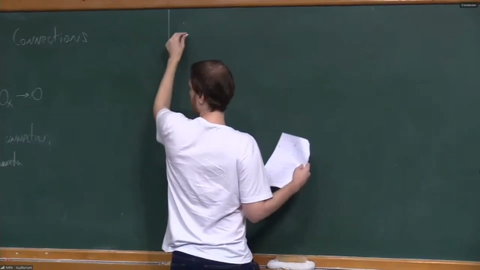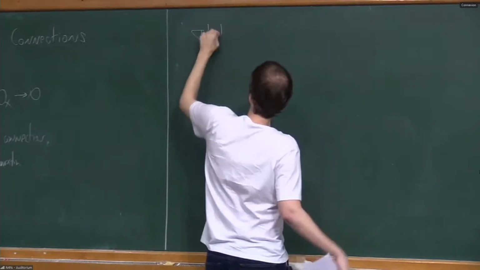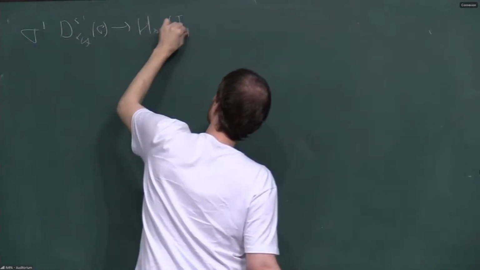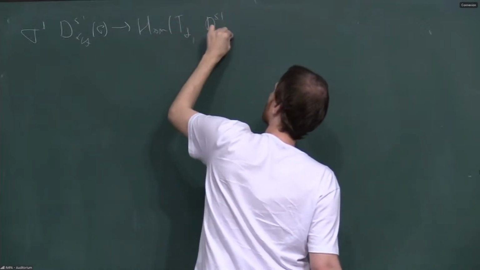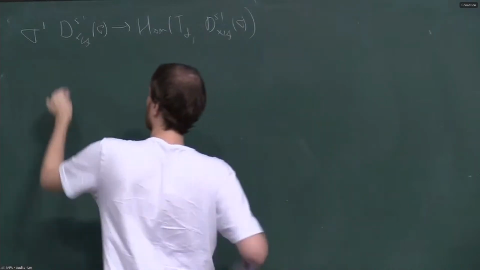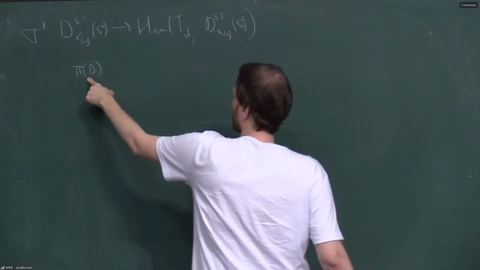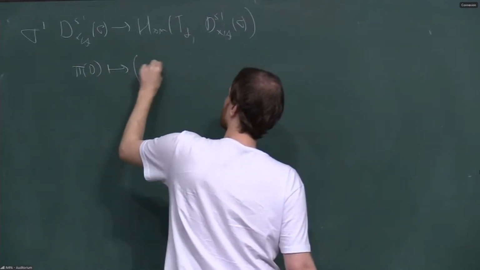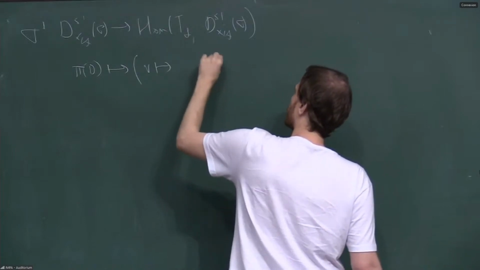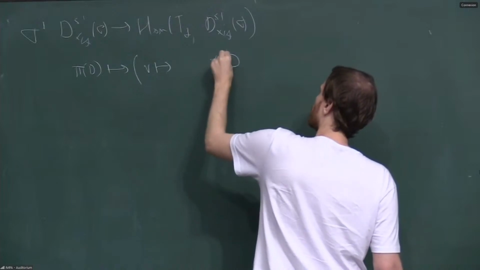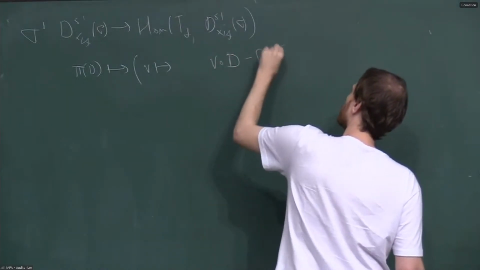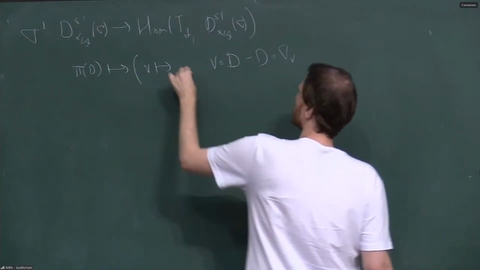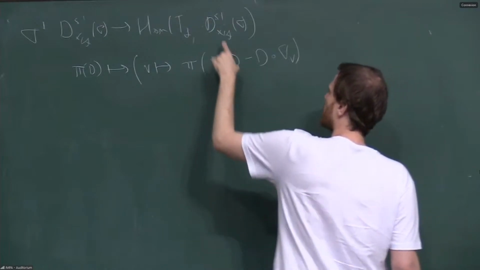The connection is given like this: we take a derivative, a section here, the image of a differential, and we send it to, given a vector here, we do a decomposition of V with this differential operator less the differential operator with nabla V. We do this in the sheaf of differential operators, and then we consider the projection back here.